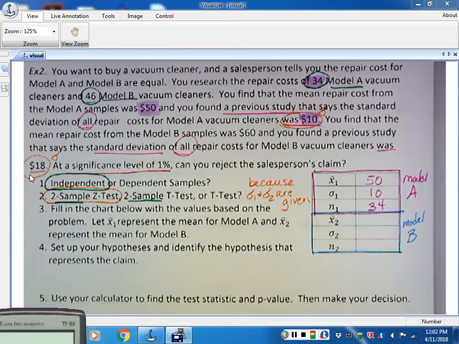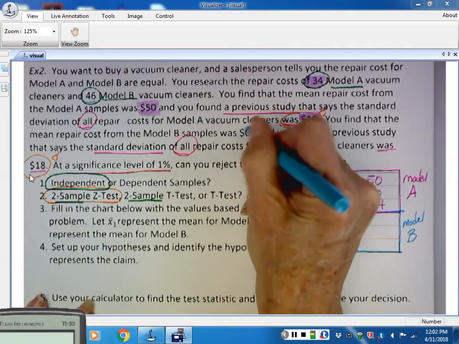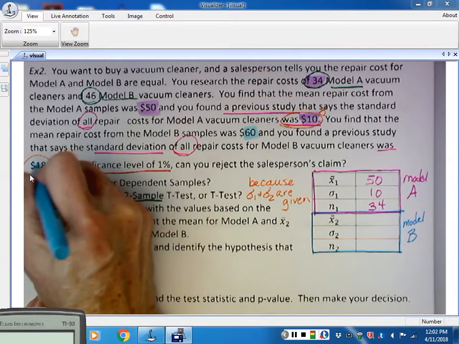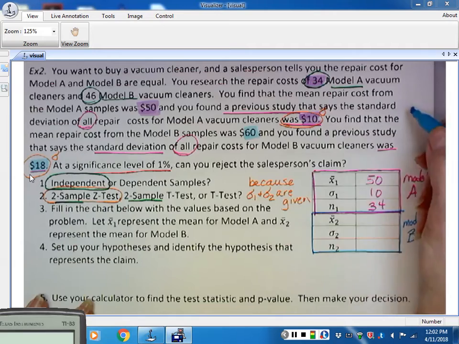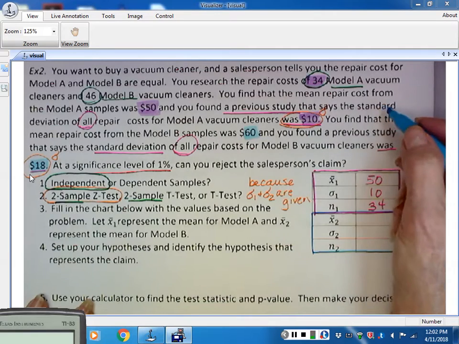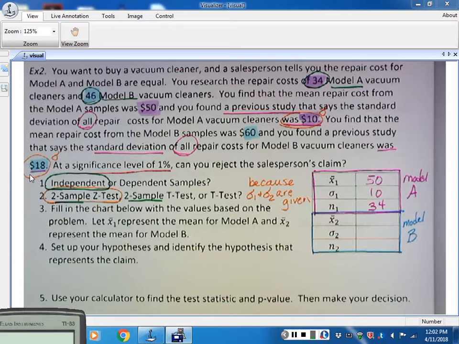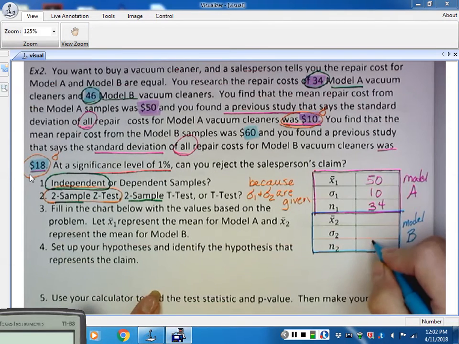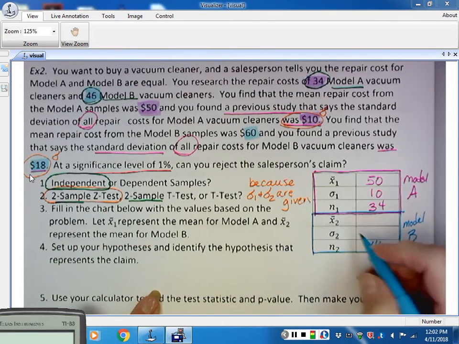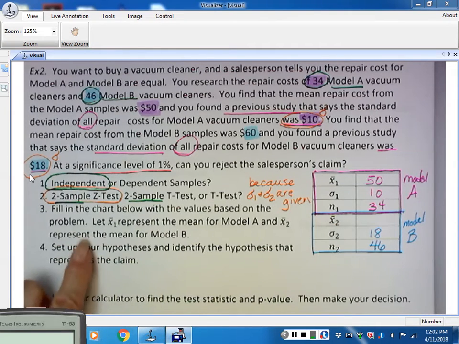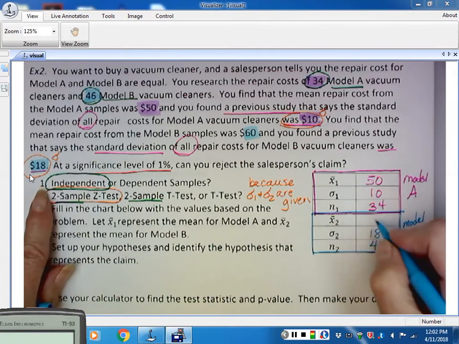And then for Model B, it says that the mean was 60, standard deviation was 18, and you were looking at 46 of the vacuum cleaners. So 46 vacuum cleaners with a population standard deviation of 18 and a mean of 60.